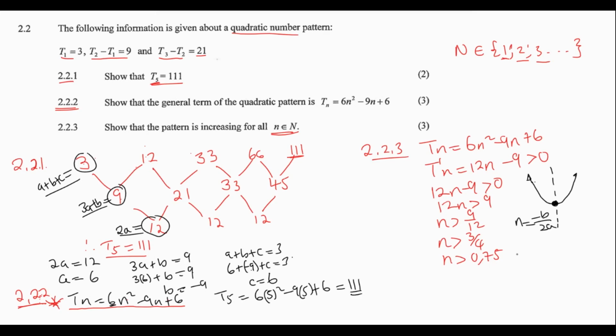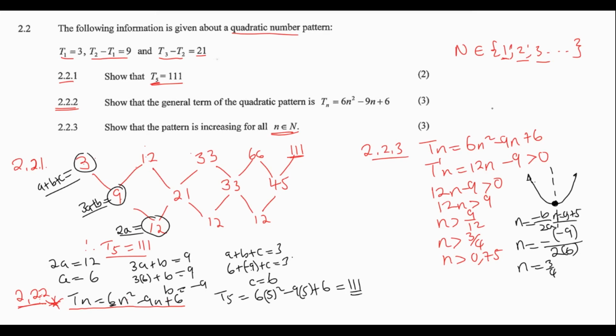Remember that from functions. So n is equal to negative 9 over 2 times 6. And then what do we get? We get that n is equal to 3 over 4, right? 0.75. So it means this will be n is equal to 0.75.